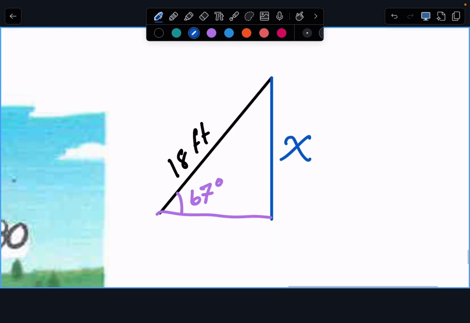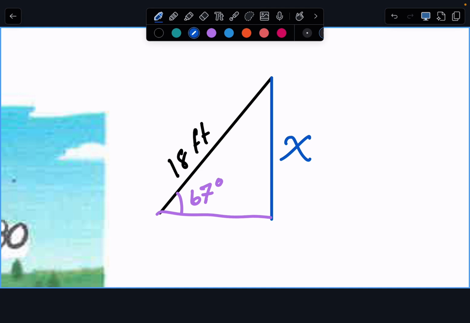On your sheet, I wrote solving right triangles and then word problems. Draw a picture, go to your angle, and figure out what trig function you need to use. You're only going to be given certain pieces. If I go to my angle, what pieces am I given?